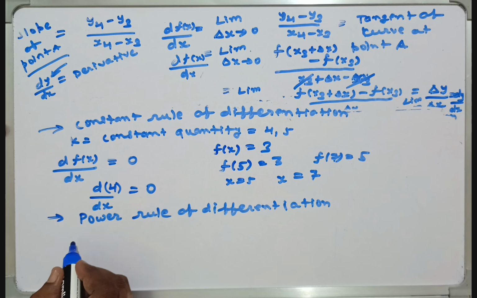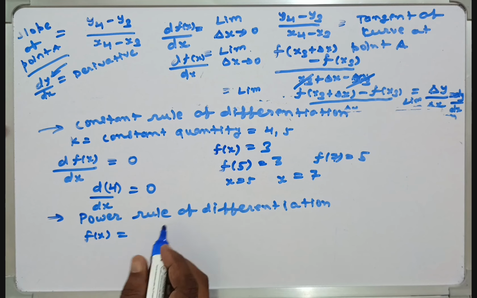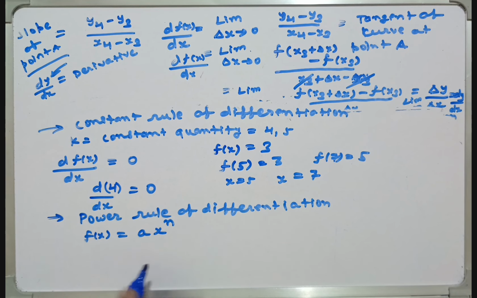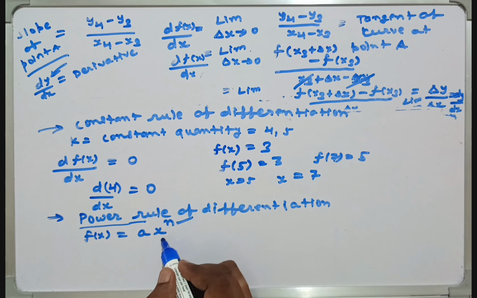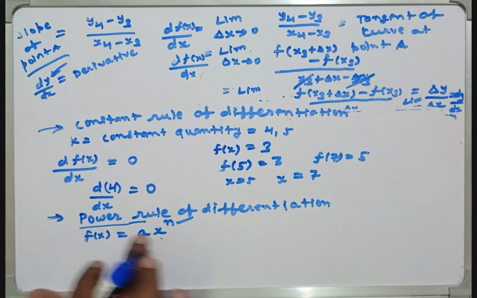It says, guys, suppose f(x) is a function like this one, where a is a constant number. Power rule means, see here, x to the power of n, so n is the power of x, so this rule is known as the power rule.